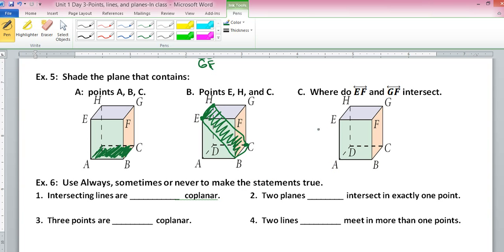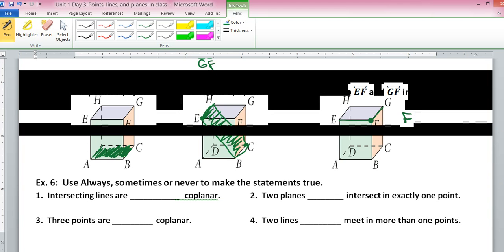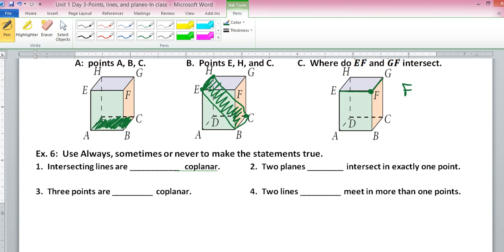That's a tough one. And where do EF and GF intersect? Well, if I look at EF and GF, where do they touch each other? At point F. So 3-dimension, again, on paper is difficult to understand. What helps generally is grabbing a diagram that looks like it and holding that 3-dimensional diagram in your hand, and it tends to make it a little easier.